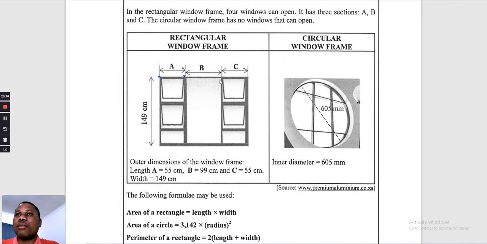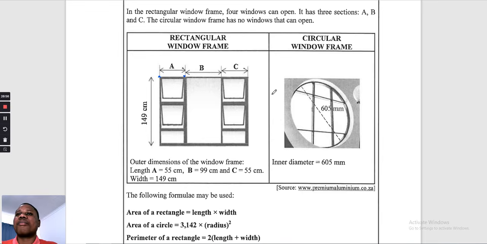Then from this point to this point we have 99 centimeters, as well as C. So the width of this window frame is 149 centimeters, meaning that the biggest sides are the one on top and the one on the bottom. Then here we are given the inner diameter of 605 millimeters. Okay, let's proceed.